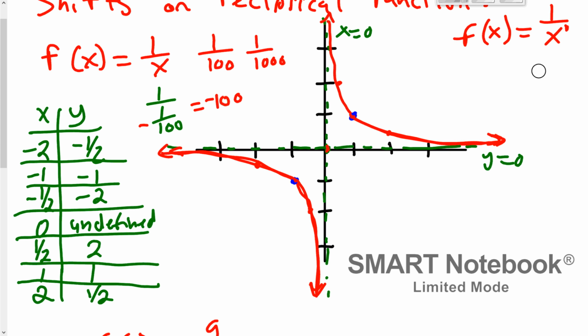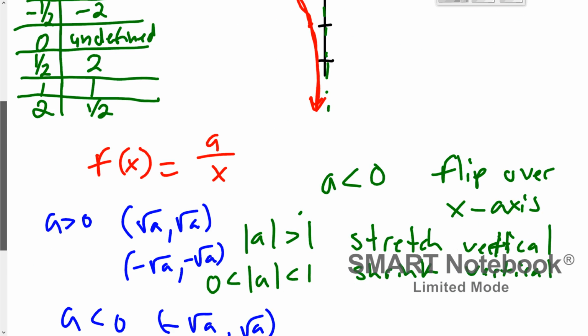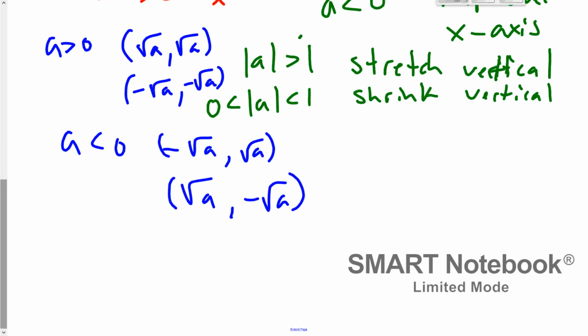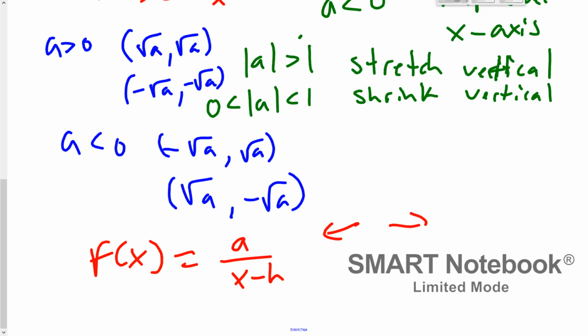It's very similar to our quadratic and those types. So if you have a number connected with the x on the bottom, say x minus h, then remember how with quadratics, whatever is subtracted from or added to x itself moves left to right, and it's always the opposite of h.